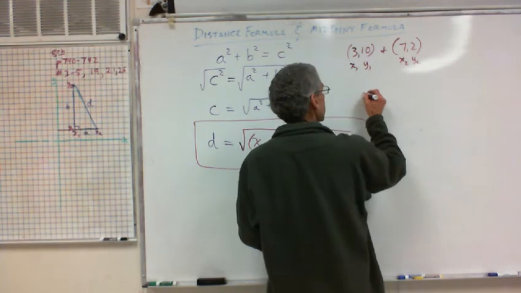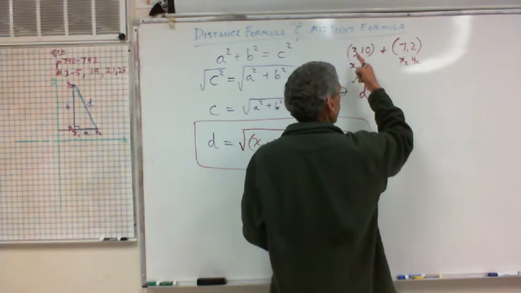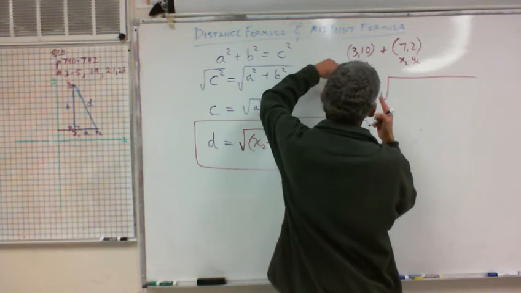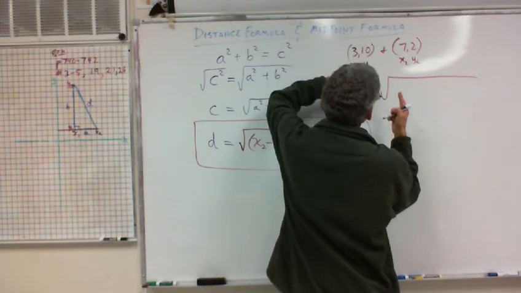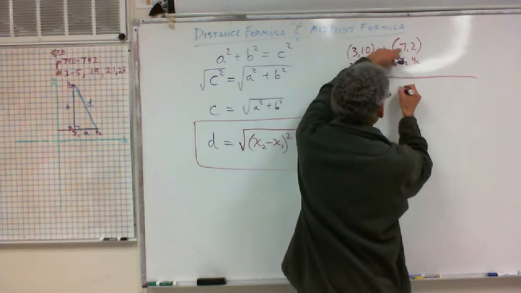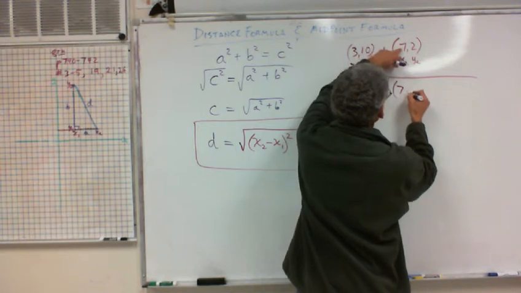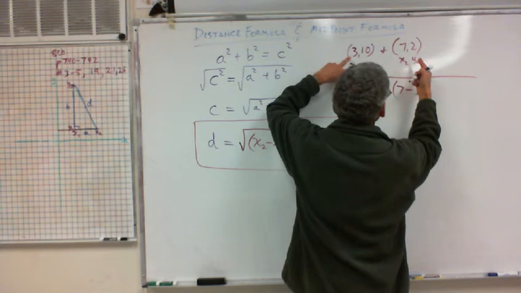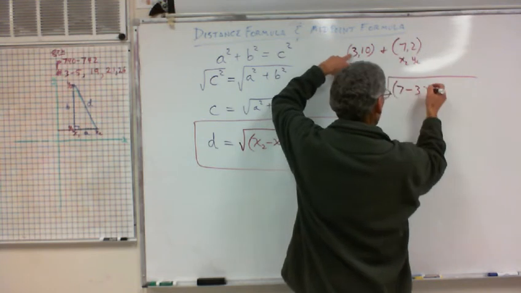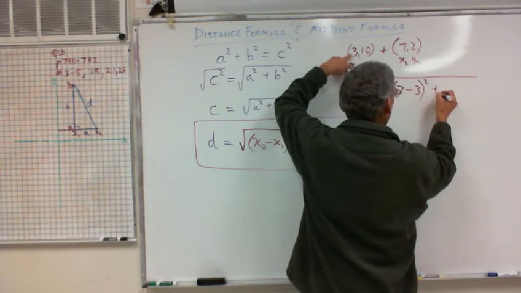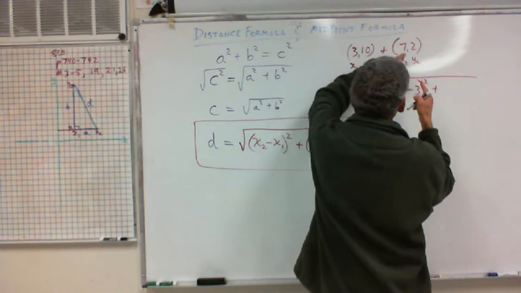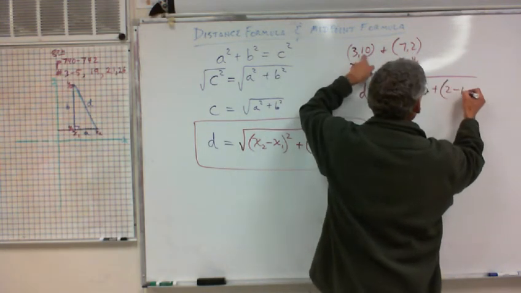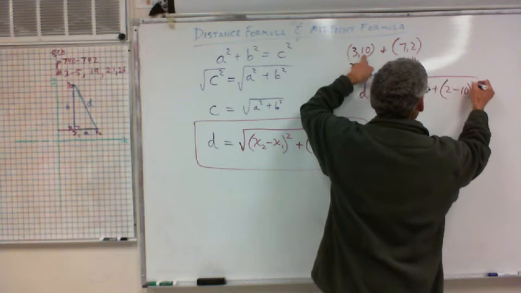So d, the distance between these 2 points, is the square root of my x2 minus my x1 squared, that's 7 minus 3 squared, plus my y2 minus y1 squared, 2 minus 10 squared.